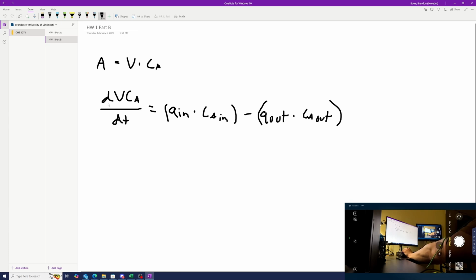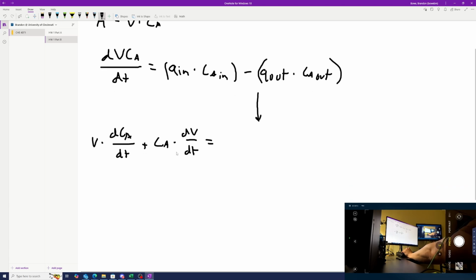So next, when we look at the left side of the equation, we can use the product rule to separate these two different variables within our derivative. So we have our volume times the change in concentration with respect to time, plus the concentration times our change in volume with respect to time, and that is equal to our right side still.